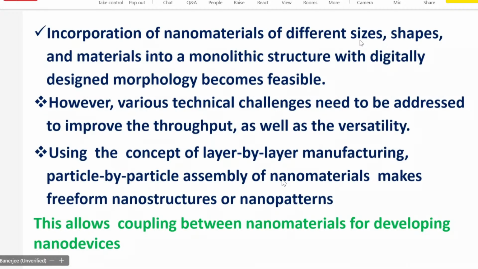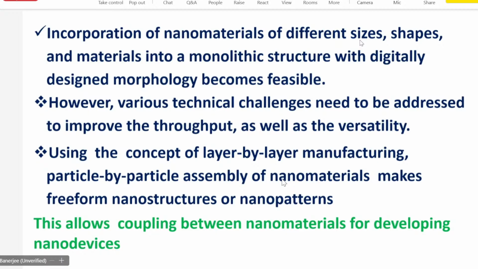Suppose I want to design a catheter, a catheter which is inserted within the pulmonary veins for medical applications. So, layer by layer manufacturing becomes particle by particle manufacturing. Here we are changing from layer by layer manufacturing to particle by particle manufacturing.